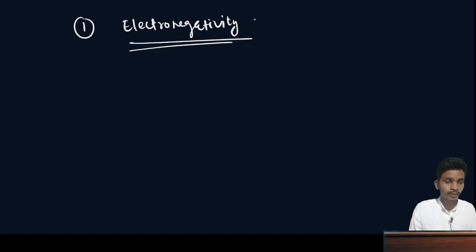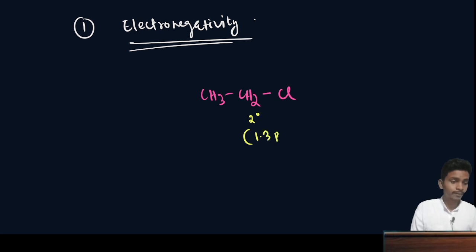I have seen that if this carbon is 1 degree, or let's say CH3 CH2 with Cl here, that we have discussed, and since this is a 2 degree carbon, its chemical shift value is 1.3 ppm.